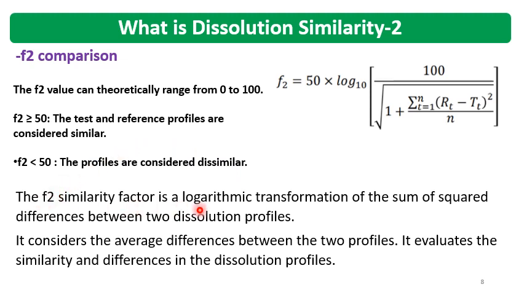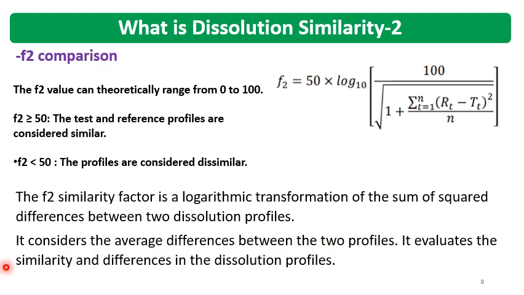The F2 similarity factor is a logarithmic transformation of the sum of squared differences. This is the sum of the squared differences between the two dissolution profiles, that means reference minus test. F2 considers the average differences between the two profiles.